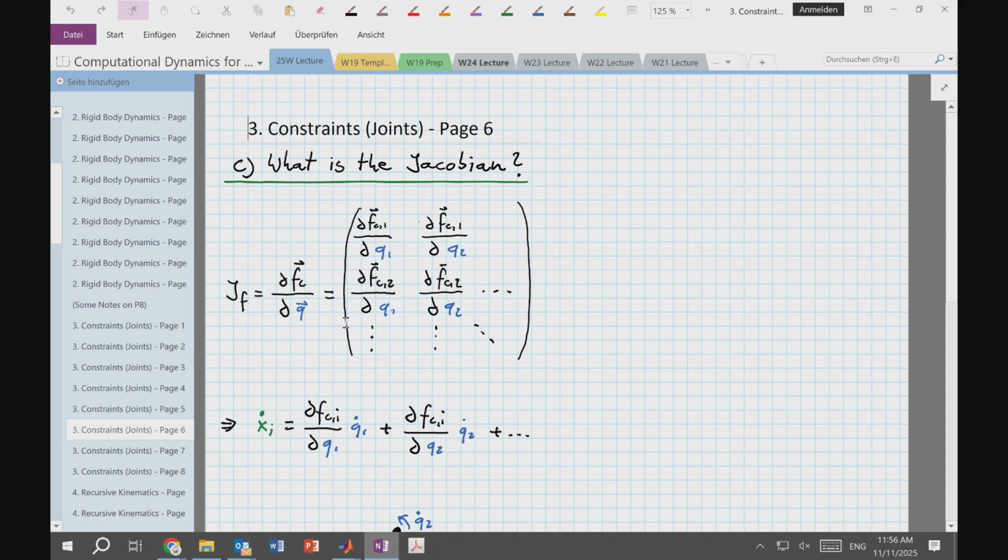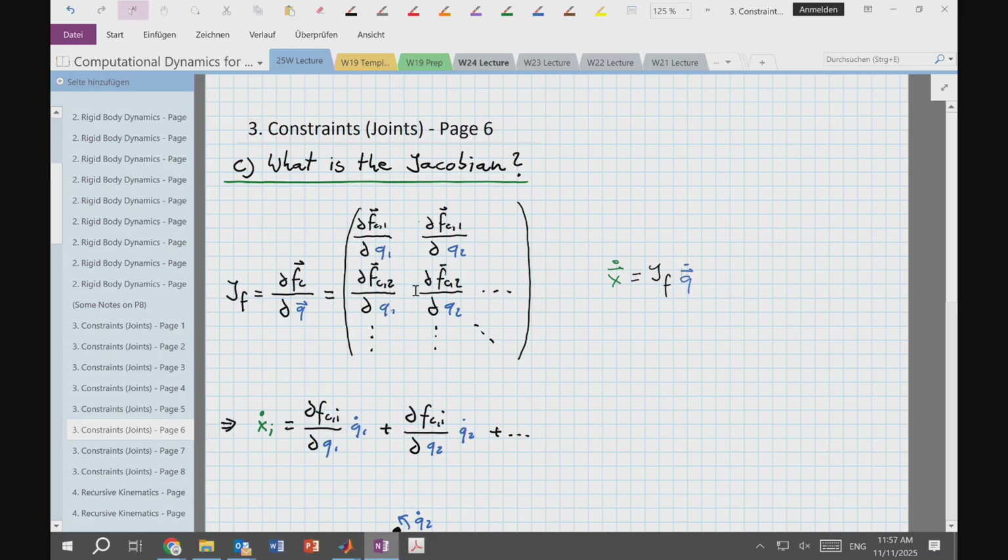In each row, I have a component of fc, and in each column, I have a component of q. This gives me this nx by nq matrix, with nx components in this direction, and nq components in this direction. What it does is give me vector valued Cartesian velocities from the generalized velocities.